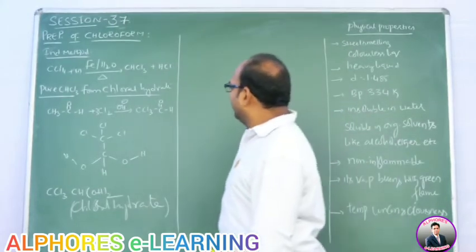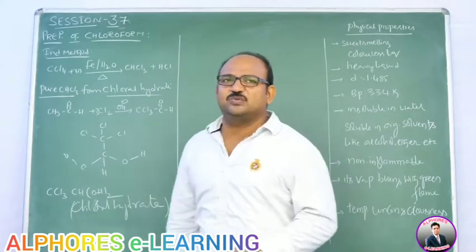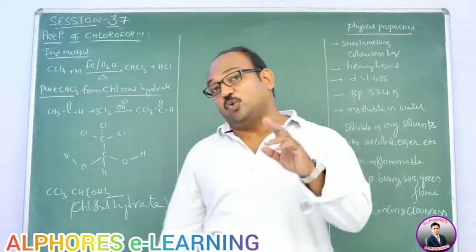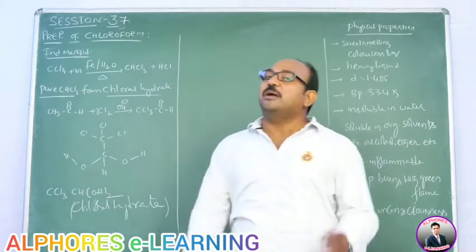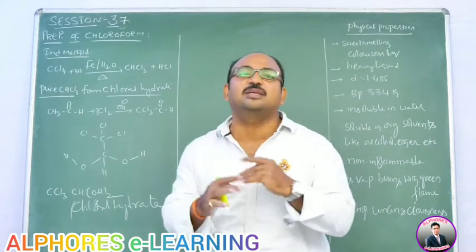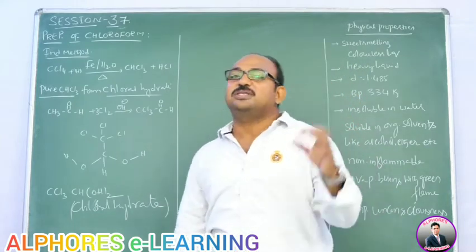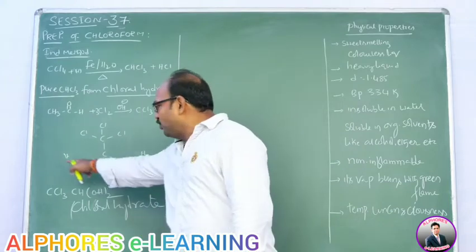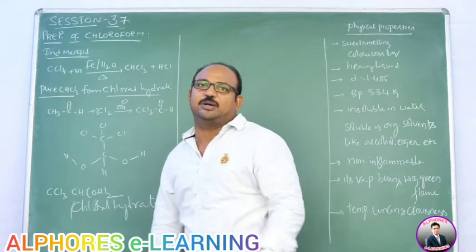Once we need to stop here. Sir, how? In previous sessions we already learned that no one carbon is going to bear 2 OH groups, that means gem diols are highly unstable. If gem diols are highly unstable, here also we write C(OH)2, so it is also a gem diol.